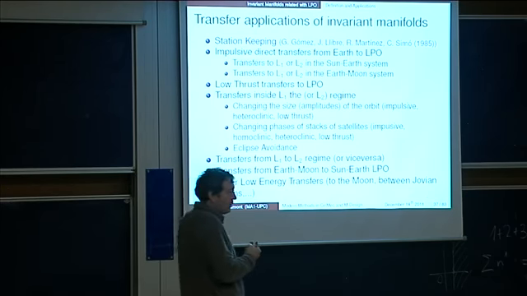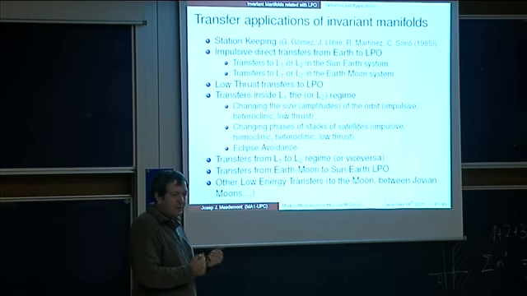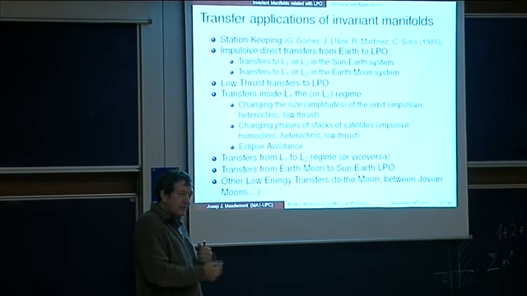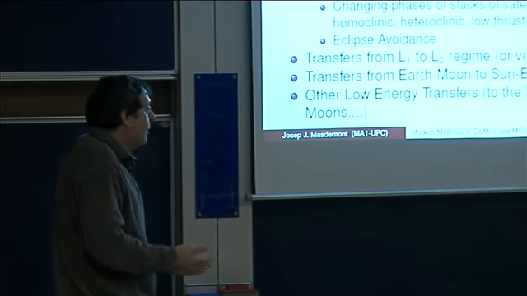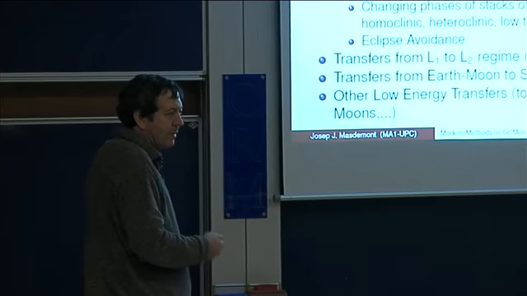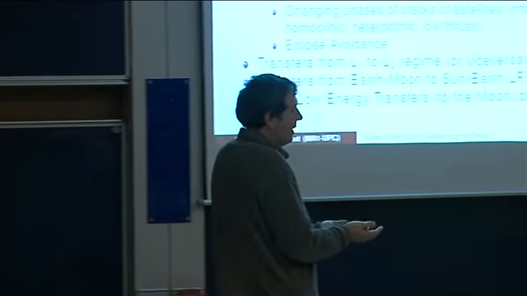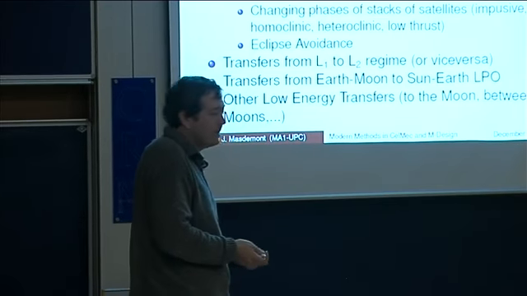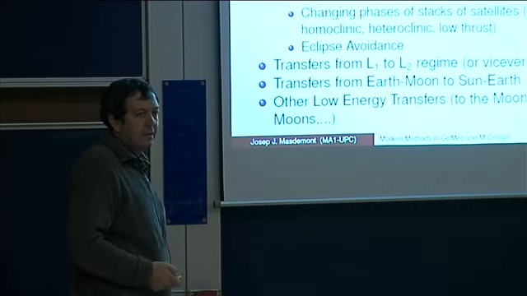So in order to reduce the maneuvers, what we do is take into account the natural motion and try that the dynamical system will solve the problem for us as much as possible. So if the flow of the system goes in the way that you want, take advantage of this flow, and then you don't need maneuvers.